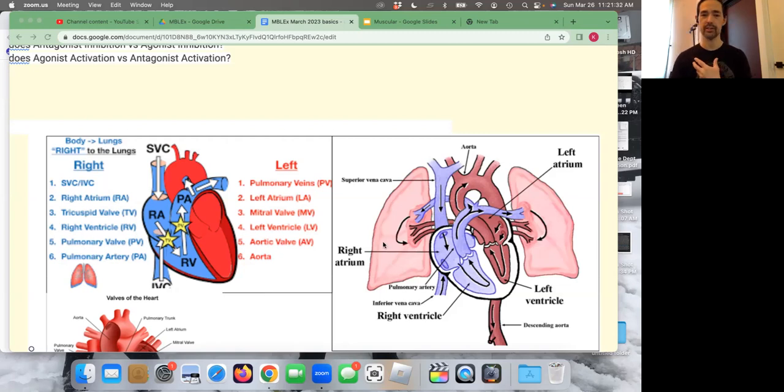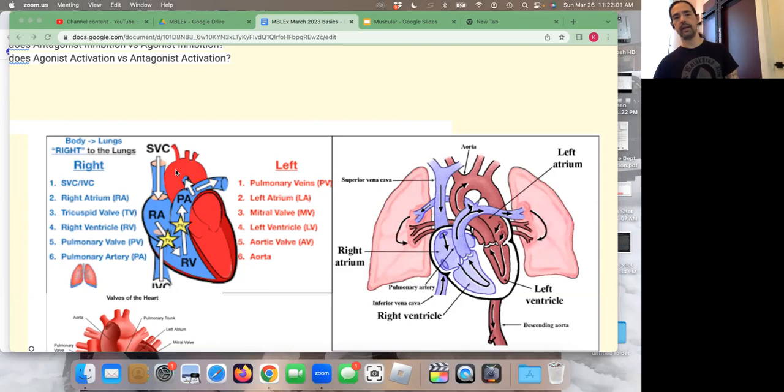Pulmonary artery to the lungs, oxygenated blood into the pulmonary veins, pulmonary veins into the left atrium through the mitral valve, bicuspid valve, into the left ventricle, through the aortic valve into the aorta.